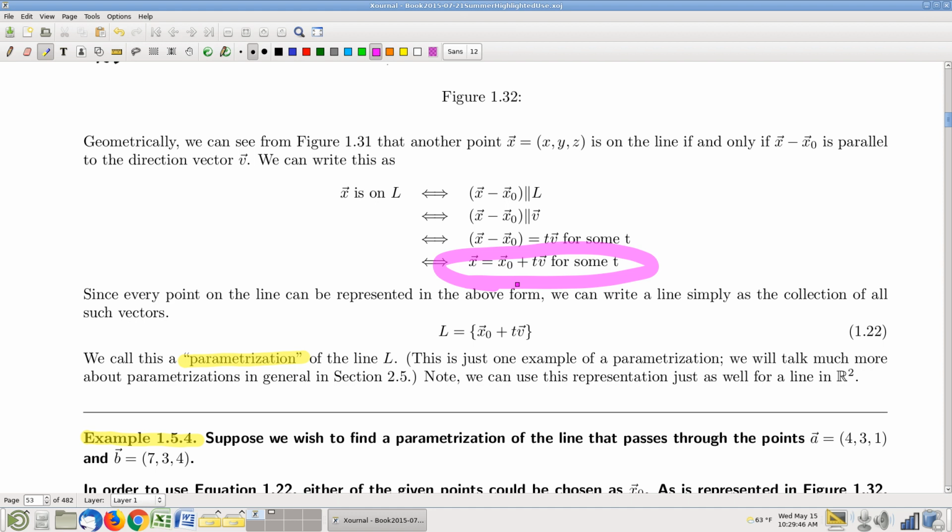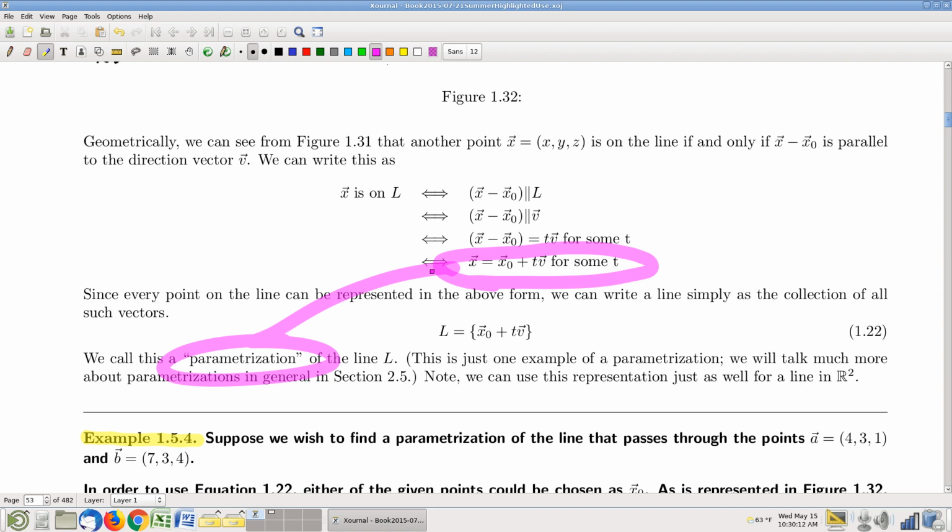Equations don't really do that. So it's different. Pros and cons. It's kind of a different kind of thing. So we call this a parameterization of the line. It's going to turn out to be a big deal. Having equations for geometric objects is nice, and there are some cool things you can do with them, and a bunch of things you can't.